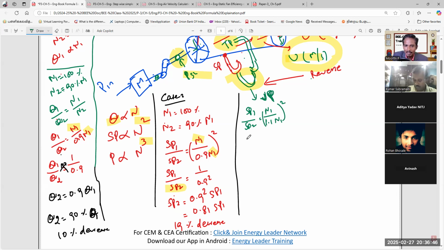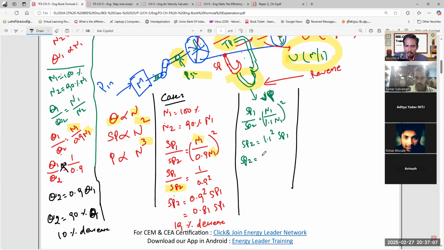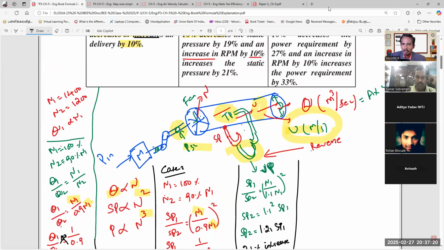So N1 cancels. So SP2 equal to 1.1 square SP1. What is the value? 1.21, sir. 1.21 SP1. What is the meaning? A 21% increase. Clear? Yes, sir. 21% increase.